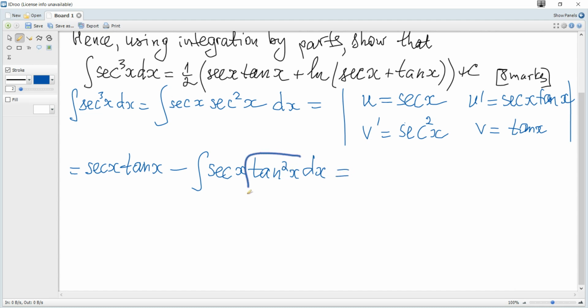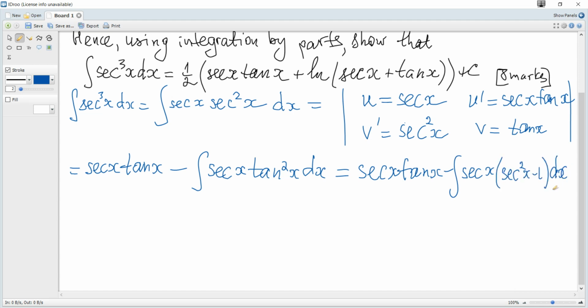And there is a formula for tangent squared in the data booklet, and it says that tangent squared is secant squared minus 1, so we can use it, because it will be difficult to find this integral directly. So it is equal to secant tangent minus the integral of secant x times (secant squared x minus 1) dx.